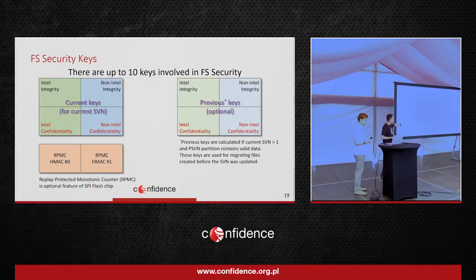And two additional keys are for a replay protected monotonic counter. It's a feature of the SPI flash controller. We never saw such a controller in the wild. But when a controller supports this feature, you will be unable to roll back data. When you write some data, this number is increased, and you cannot write older data without modifying this counter.